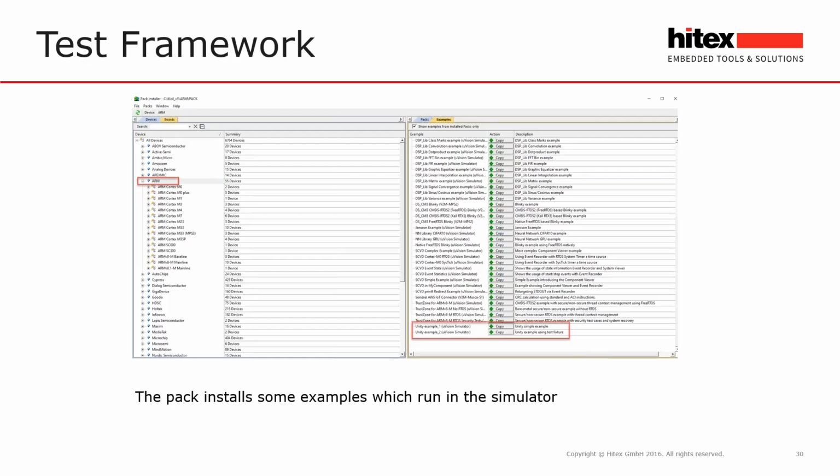So again here, if you want to have a look at this, once you've installed the pack, if you go again to the devices, and then the ARM as a vendor, and then there's a couple of Unity examples in here, and these run within the MicroVision simulator, so they're not specific to any particular bit of hardware.